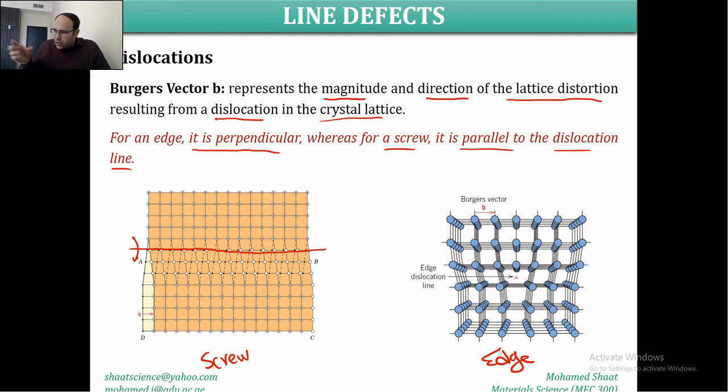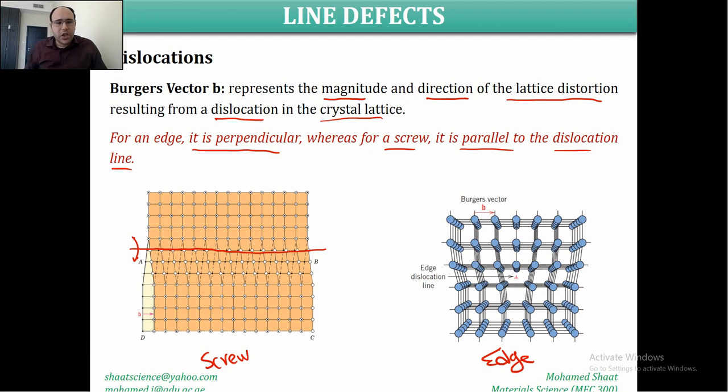So how many lattice sites we shift this portion with respect to the other one, or how many unit cells these planes have been swerved or curved, this can be identified by the magnitude of the Burgers vector. So this is for the magnitude.